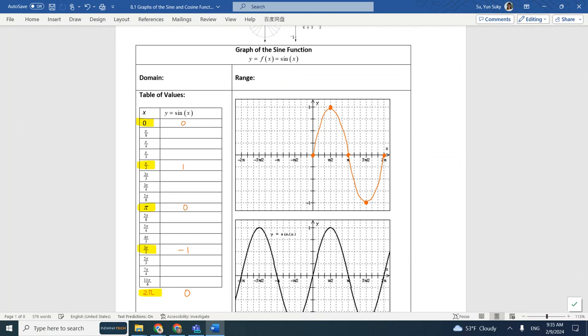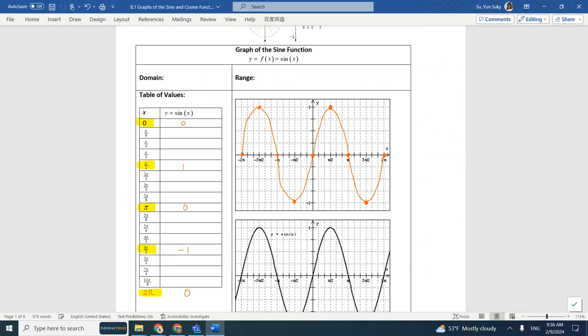The sine function is like a wave. And you can see from the unit circle, after 2 pi, you get the same values, right? So the sine function is a periodic function with period 2 pi. Therefore you can continue, kind of like copy and paste. So it's going to be here, here, and here. So copy and paste and connect them. So you get the graph of sine x.